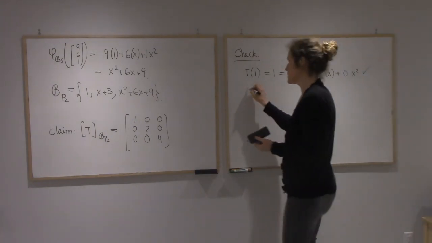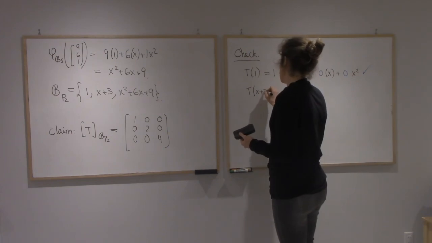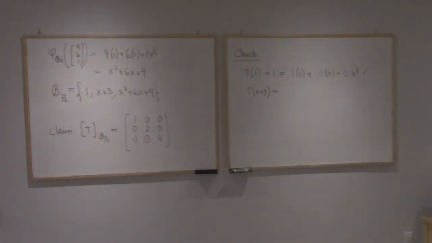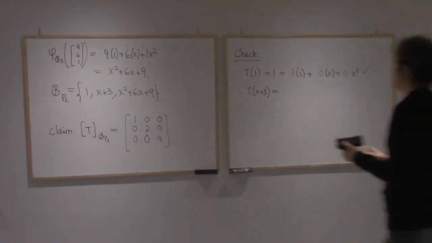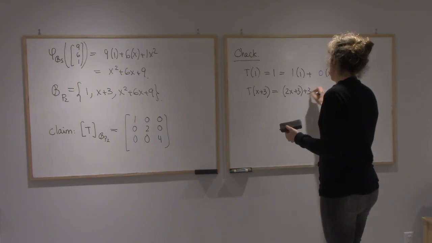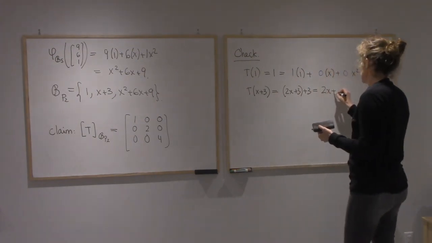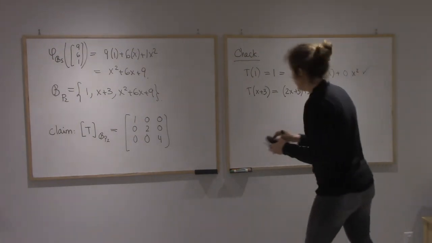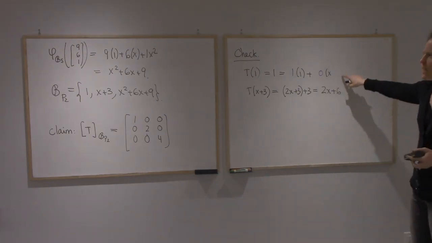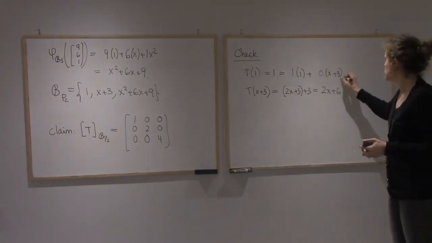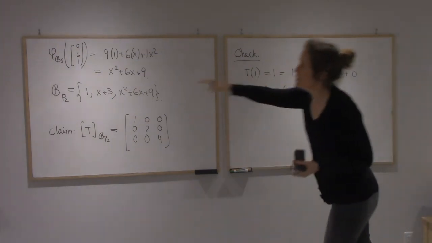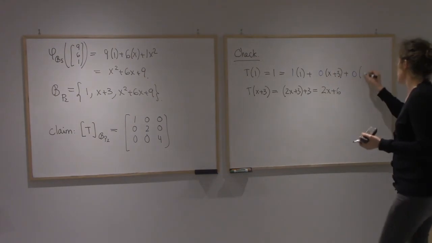Alright, if I take T of x plus 3, x is replaced by 2x plus 3, that's 2x plus 6. Oh, sorry. Made a mistake here. I need to write the image in this new basis as well.